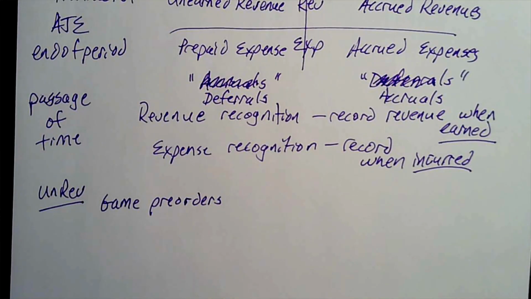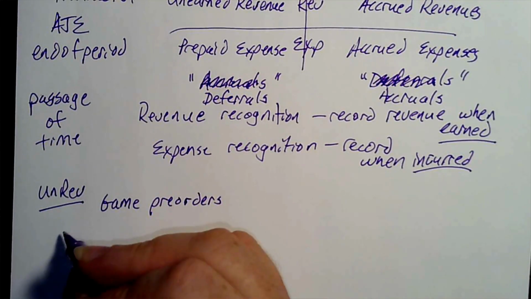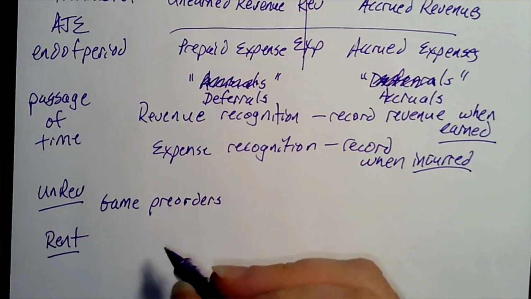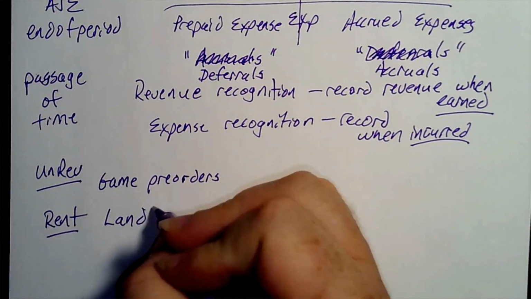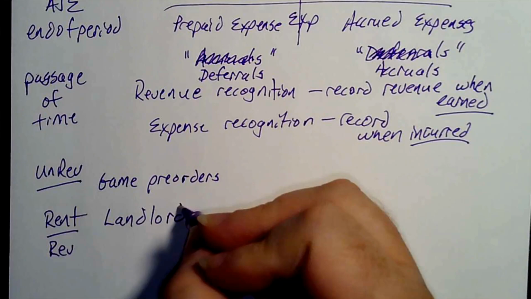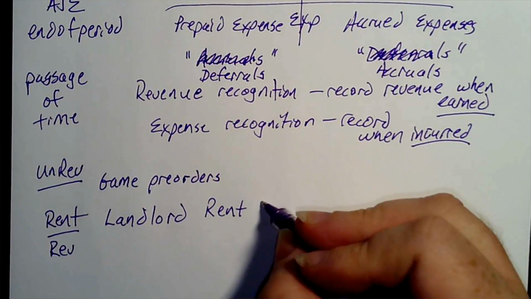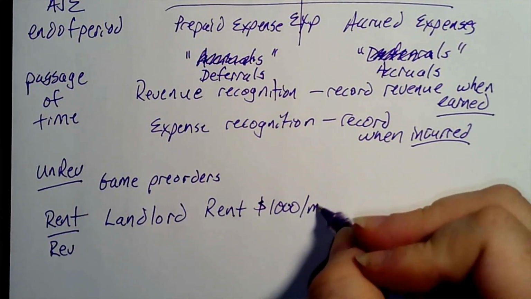So let's take another example that's more of a business example of unearned revenue. So here's rent. And we're going to be looking at rent from the landlord's point of view, in other words, rent revenue. So the landlord is going to rent something. Let's say it's an office space for $1,000 a month.